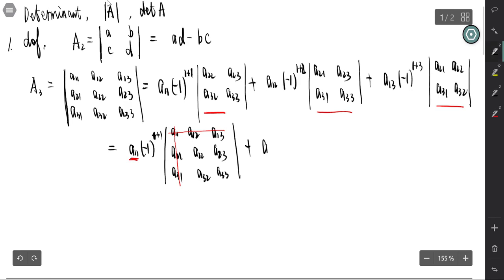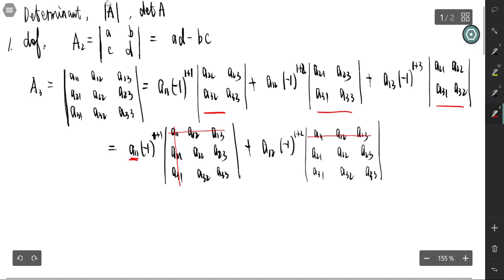Okay, the a12 term, negative 1 to the power 1 plus 2. The original determinant is a11, a12, a13, a21, a22, a23, a31, a32, a33. We cancelled the row and the column of a12.